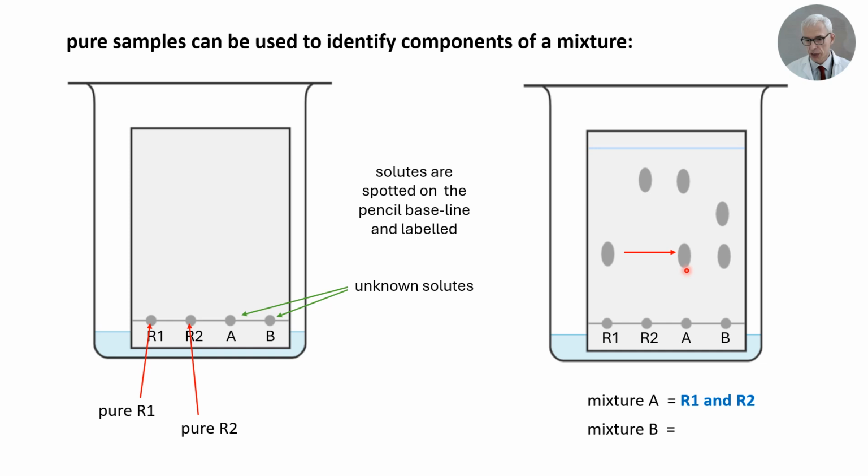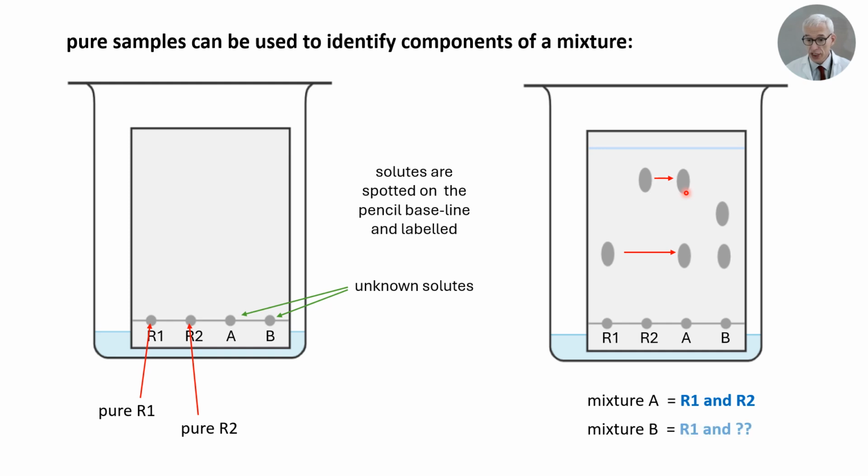So reference material 1 is present in mixture A. We also see that reference material 2 is present in mixture A. So mixture A contains reference material 1 and 2. If you haven't already done so, can you analyse mixture B? Come back when you're ready.